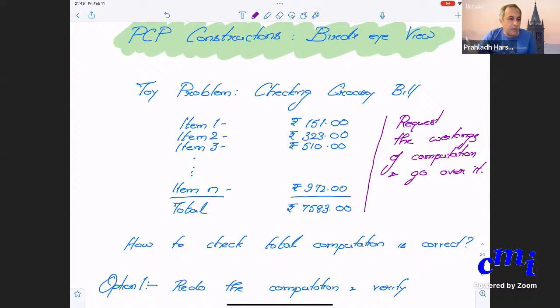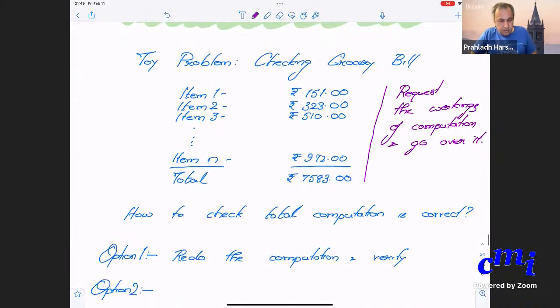Reading it will involve at least going over all the steps, basically redoing the addition yourself. It's not efficient the way we wanted. I want to be able to check that the answer is correct without reading the entire thing. By just looking at 10 or 12 locations, I want to be convinced that the answer is correct. So how do we do that?